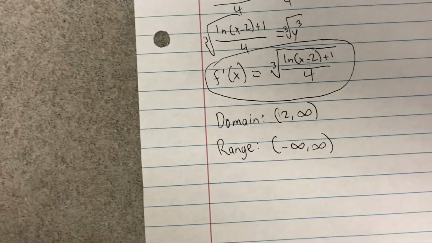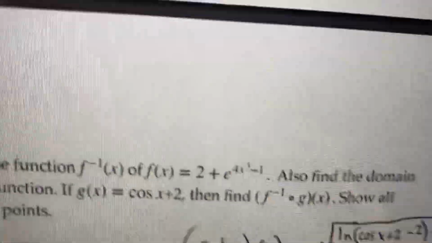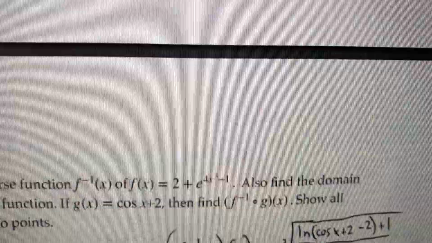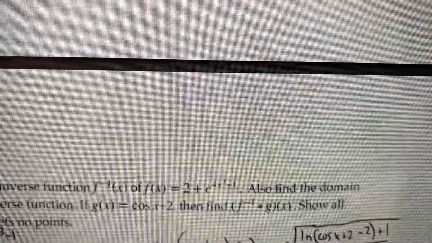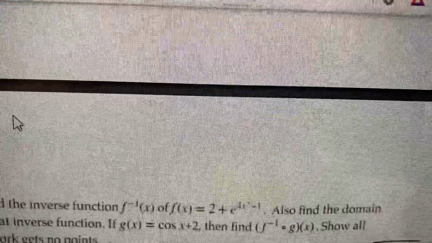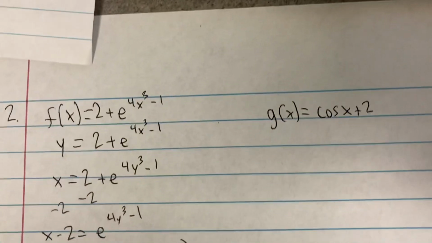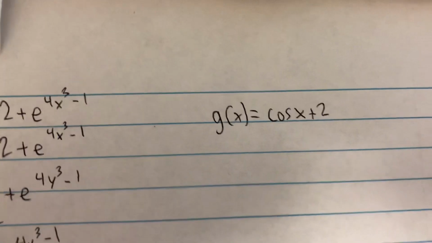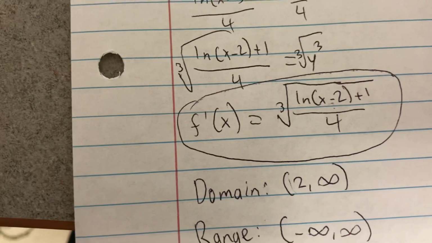And the last part of this question, it asks us to do this. So let me just write that out. So f inverse of g. So let's see, g of x equals cosine x plus 2. So with that, all we would have to do is use the inverse function that we got right here.